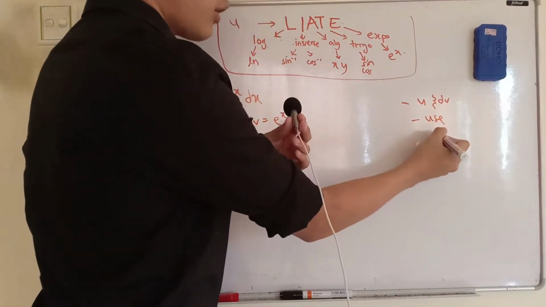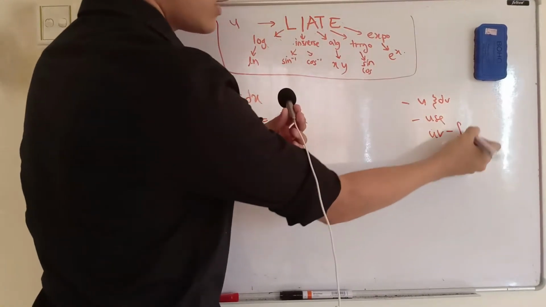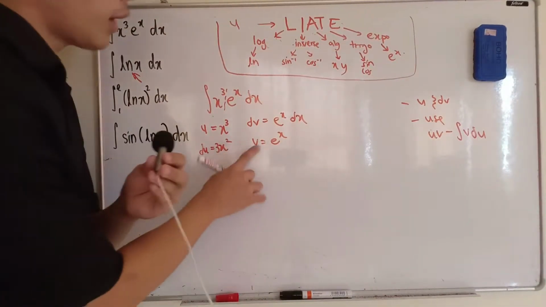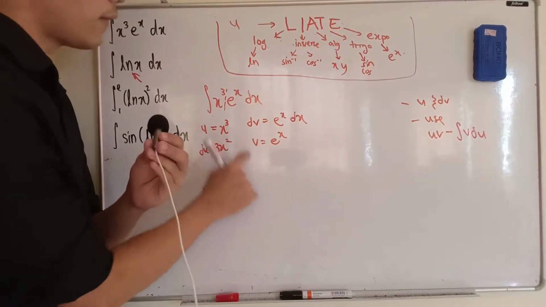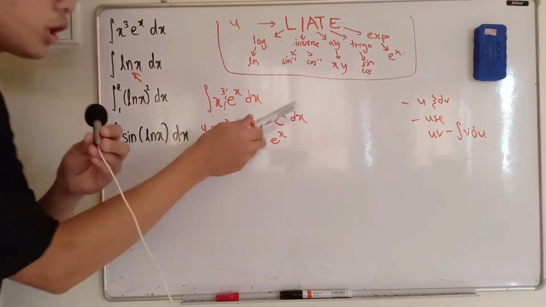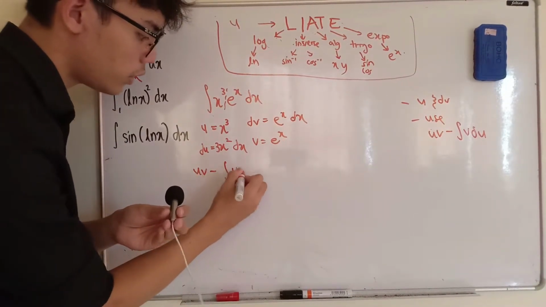The formula is uv minus the integral of v du. I forgot my ds over here. So now you have your u and your v, and you use your formula.